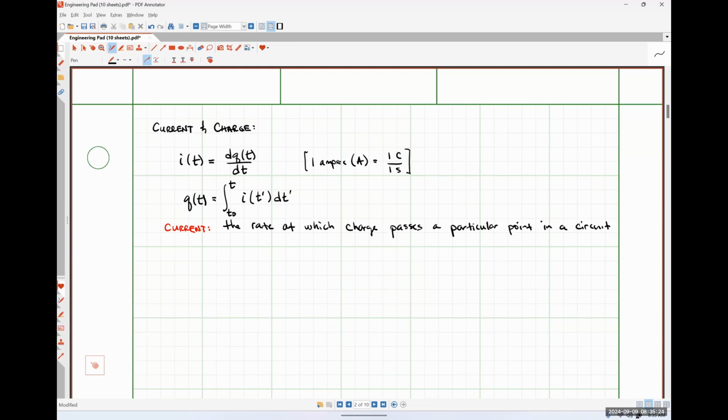Okay. So I can't integrate with respect to t and have t in the limits of my integration. That would just be too confusing. So instead, I'm using t prime to represent time in my function, and then the limits of my integration are where that variable t is coming from. Okay, so all it is is just a dummy variable representing time.